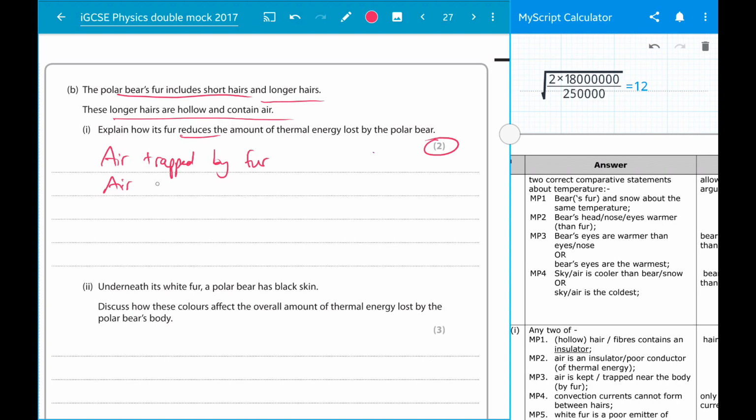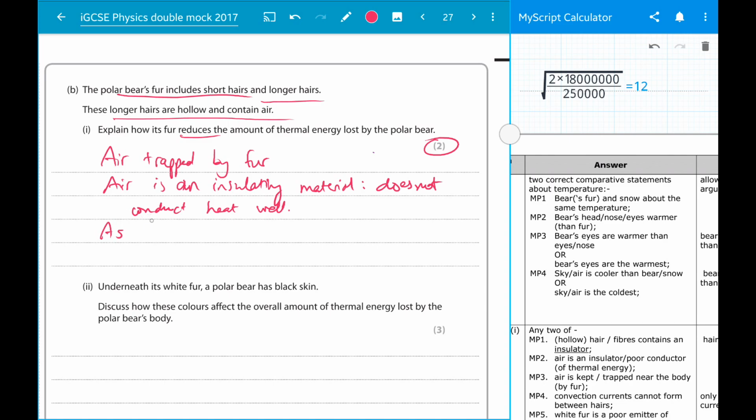Air is insulating. It's an insulating material, really. It's not really a material, it insulates. It essentially isn't very good at conducting. It does not conduct heat well.